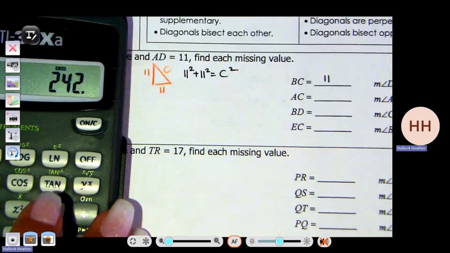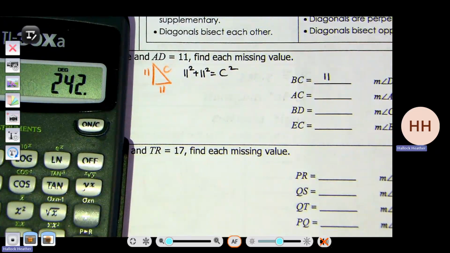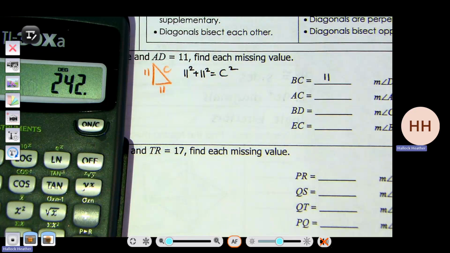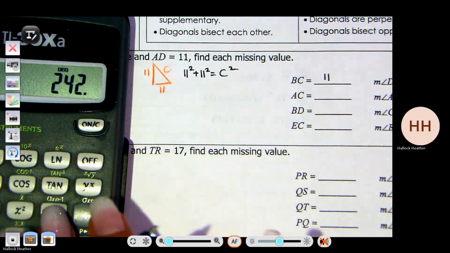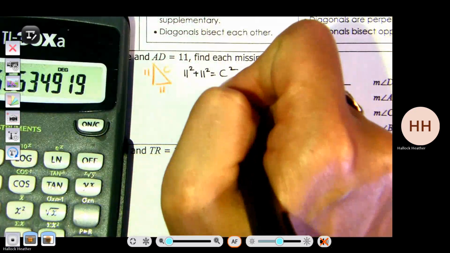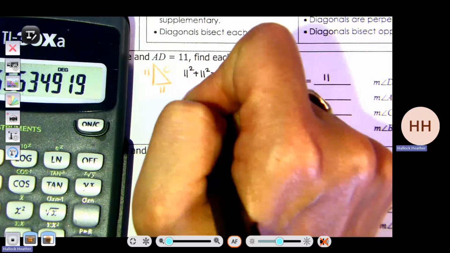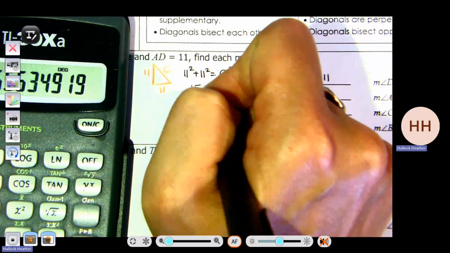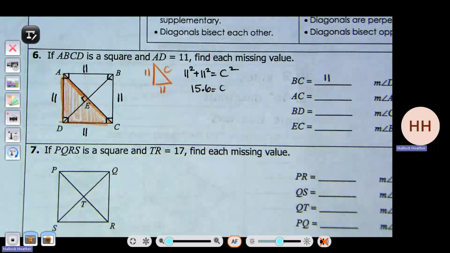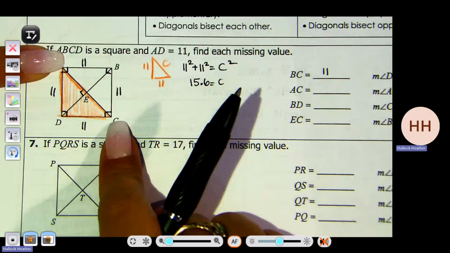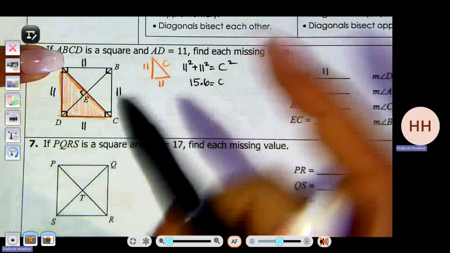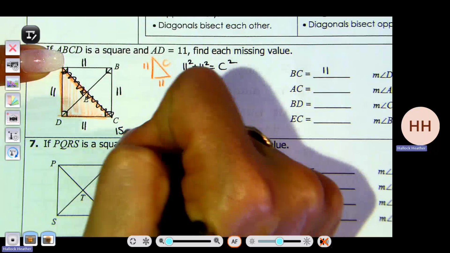You're adding the same number twice, so you get 242. You're square rooting it to find C. So you should get 15.6. So 15.6 represents this whole length. The whole thing is 15.6.